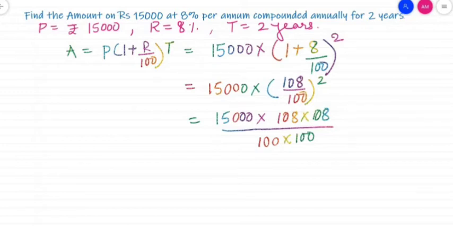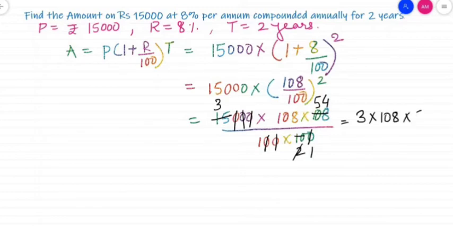Okay. Now cancel wherever required. Cancel the zeros. Again cancel the zeros. See here 15. So 5 3s are 15 and 5 2s are 10. 2 1s are 2 and here you can see 2 5s are 10 and 2 4s are 8. Now we are left with 3 into 108 into 54.